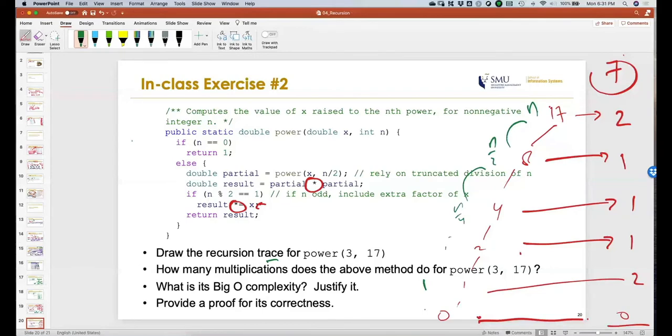Okay. So the number of times you divide it will be log 2 n. Okay, so log 2 n. Yeah. For this, we assume the worst case scenario, which is like 2 multiplications at each stage. Okay. So it's 2 log 2 n.